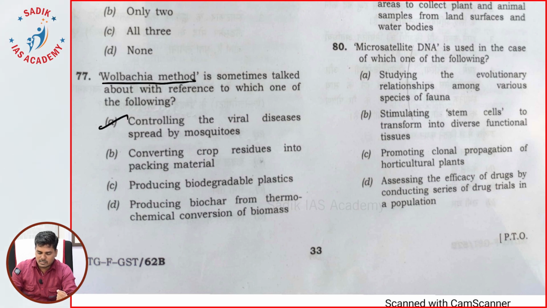Others are stimulating stem cells to transform into diverse functional tissues, promoting clonal propagation of horticultural plants, assessing the efficacy of drugs by conducting series of drug trials in a population. So as per my explanation, it is option A, studying the evolutionary relationship among various species of fauna. That is what microsatellite DNA is used for.